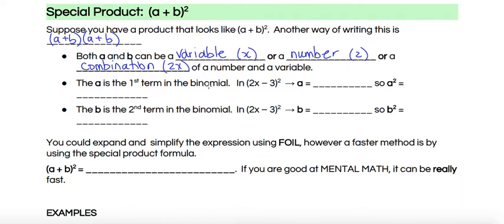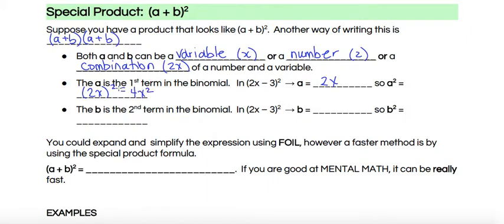So the first term in this binomial, (2x minus 3) squared, the a would be our 2x. So a squared is the same as (2x) squared, or in this case, 2 to the power of 2 is 4, and then 4x squared.